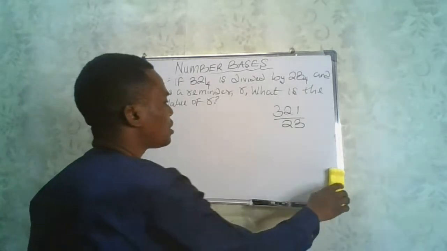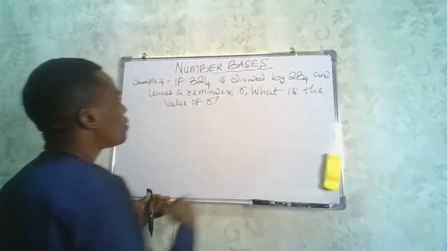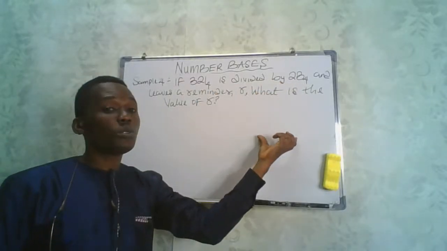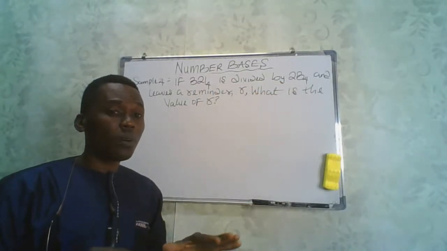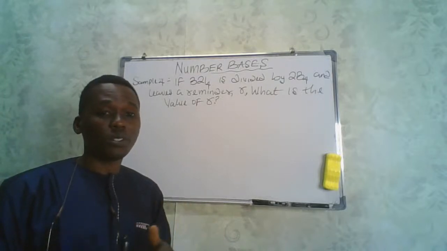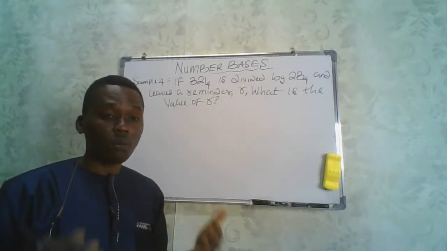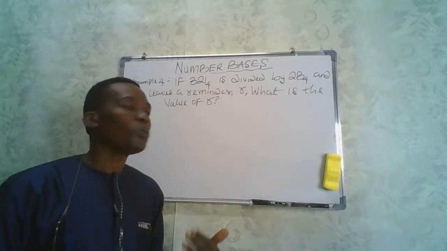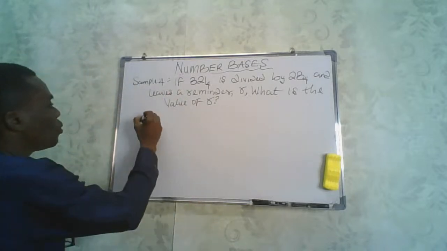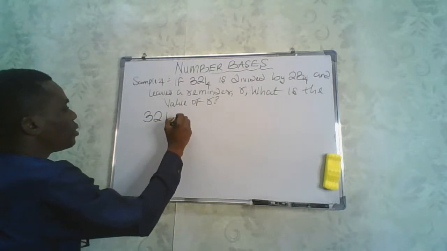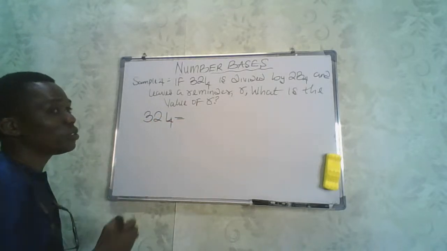Now let's do that quickly. We're going to convert this to base 10, convert this to base 10. Remember, you can't do that directly because our normal operations, addition and subtraction, are usually done in base what? In base 10. So let's convert this to base 10. We'll have 3, 2, 1 base 4.